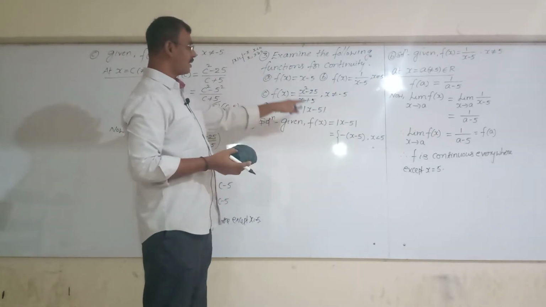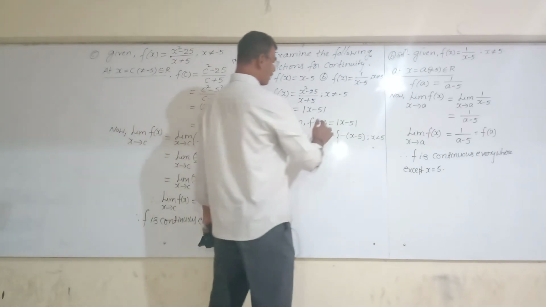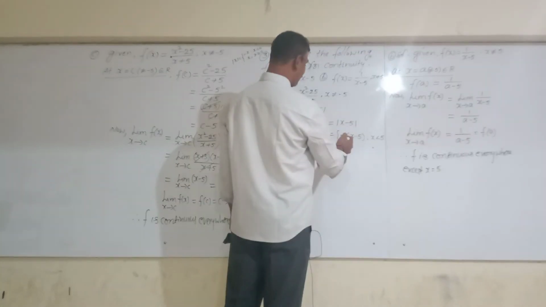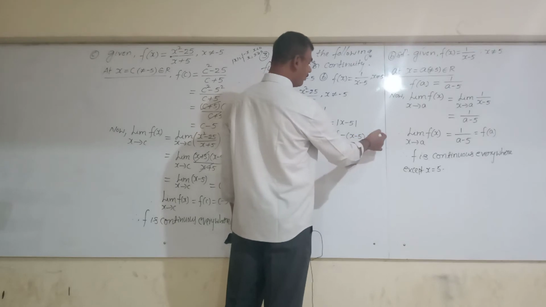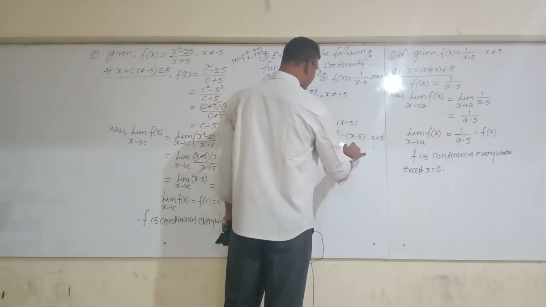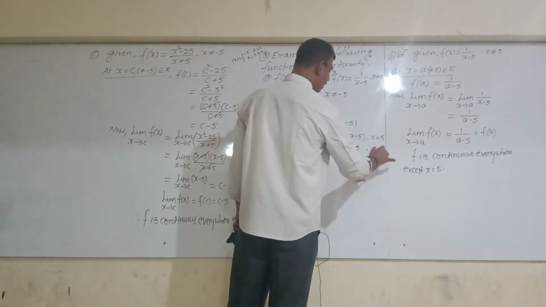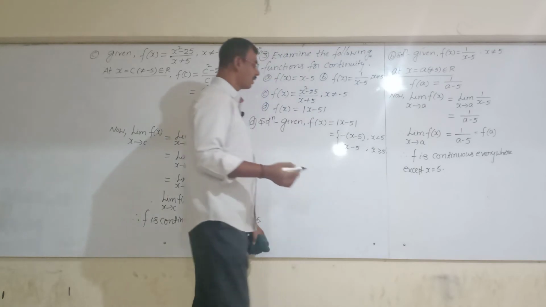According to this, I break the conditions. Mod of x minus 5 is negative of x minus 5 when x is less than 5, and plus x minus 5 when x is more than or equal to 5.